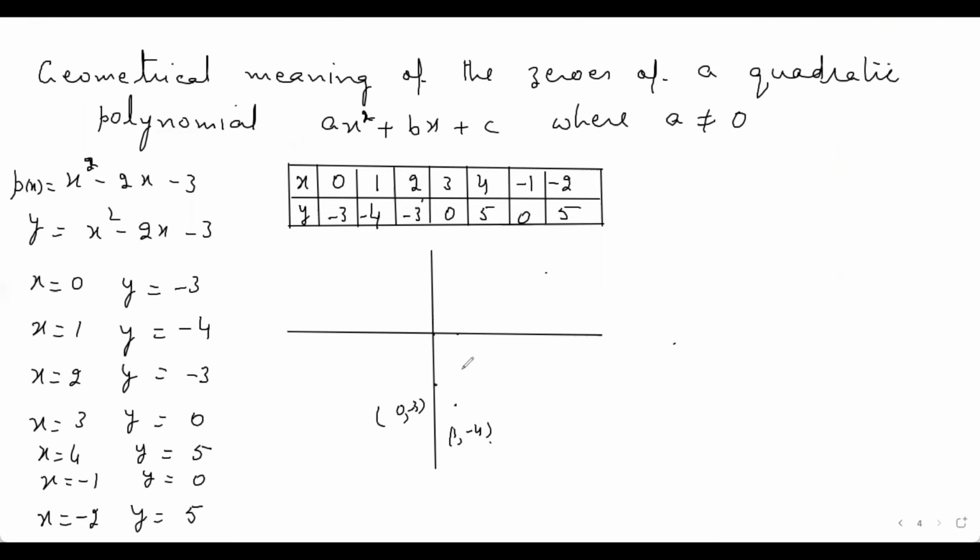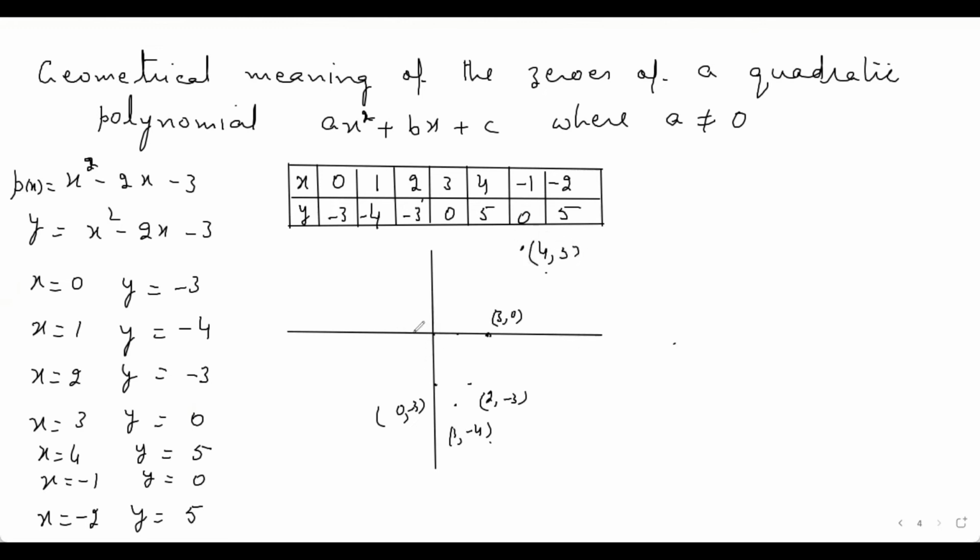Let this point be x is 2, y is minus 3. X is 3, y is 0. Let this point be x is 3, y is 0. X is 4, y is 5. So let this point be x is 4, y is 5.